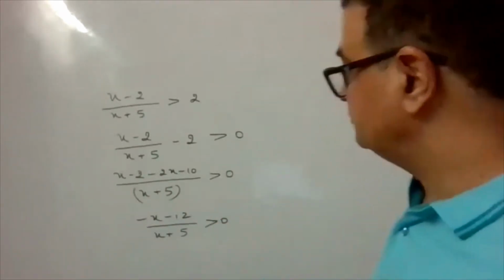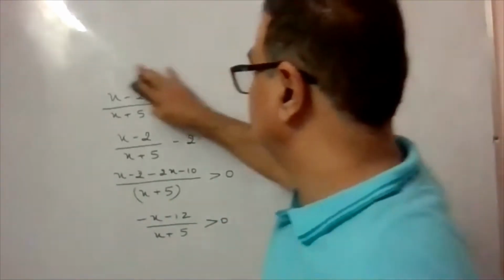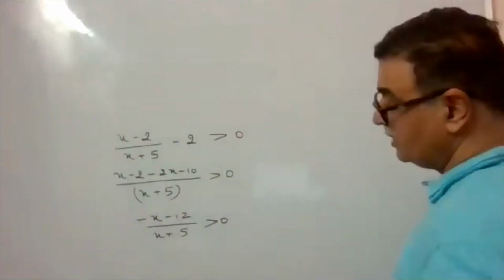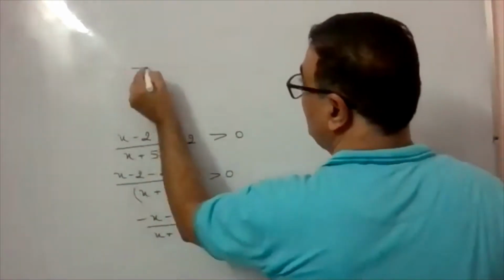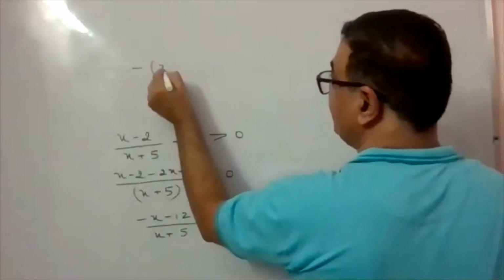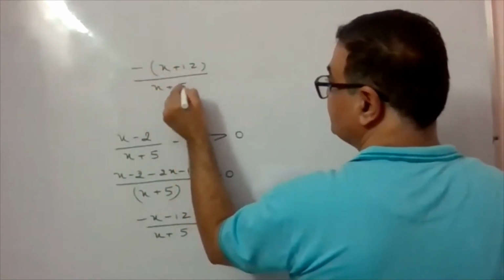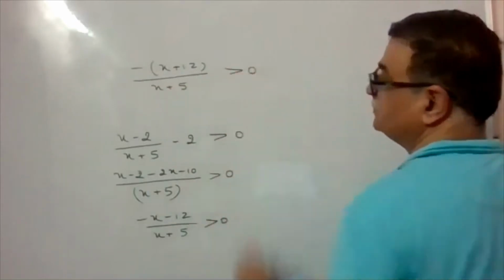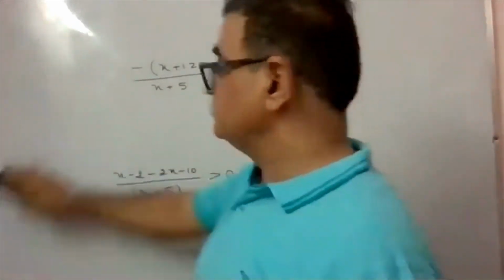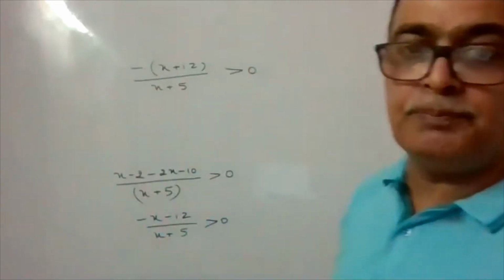Sir, x belongs to minus 12 to minus 5 open interval. Okay. Now if I take minus common here, because minus should not be on this side, it will come x plus 12 by x plus 5 greater than 0. Our aim is that minus should not be common here.